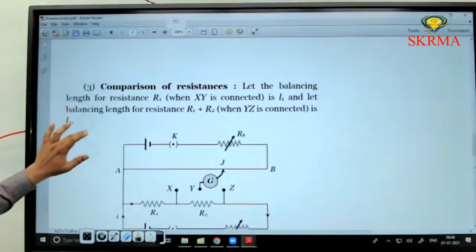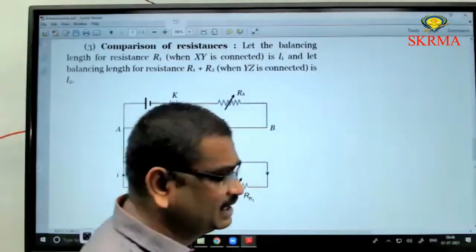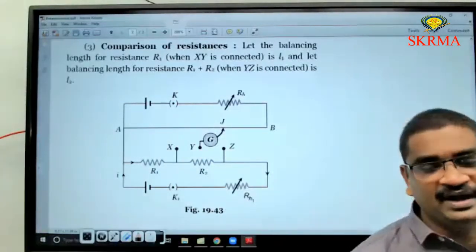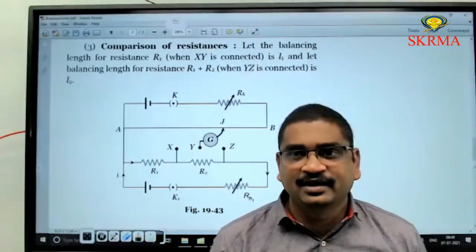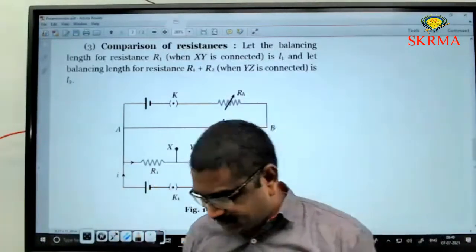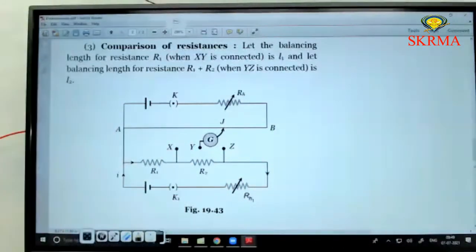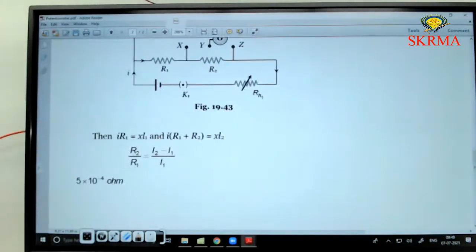Last one, comparison of resistances. How are you going to compare the resistance of two resistors in the potentiometer circuit? Simple, this is the formula.